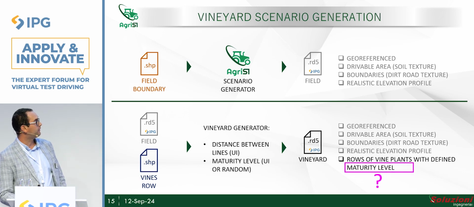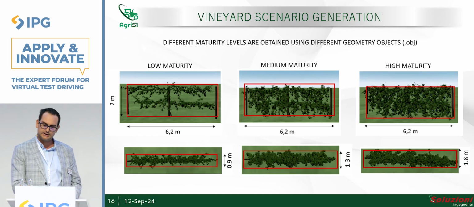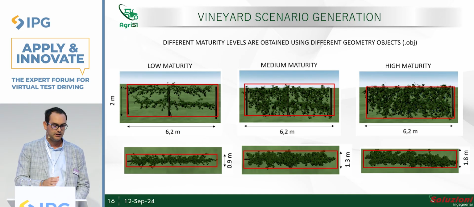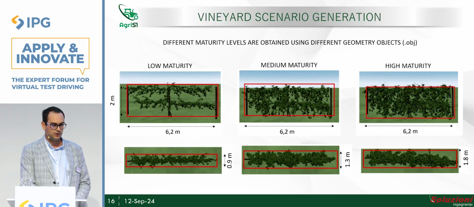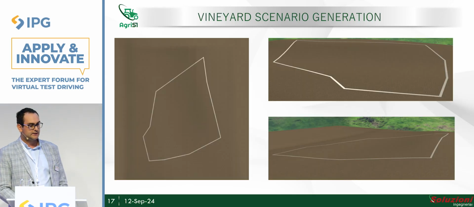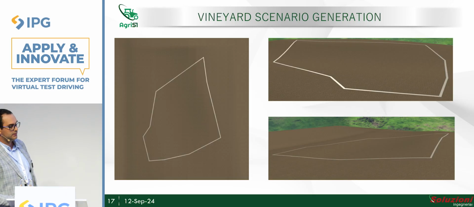What do I mean by maturity level? From the scenario point of view, it is just a different graphical object that we can use for the vineyard. In particular, we have three different maturity levels: low, medium, and high. This was the result from the first step of generation.